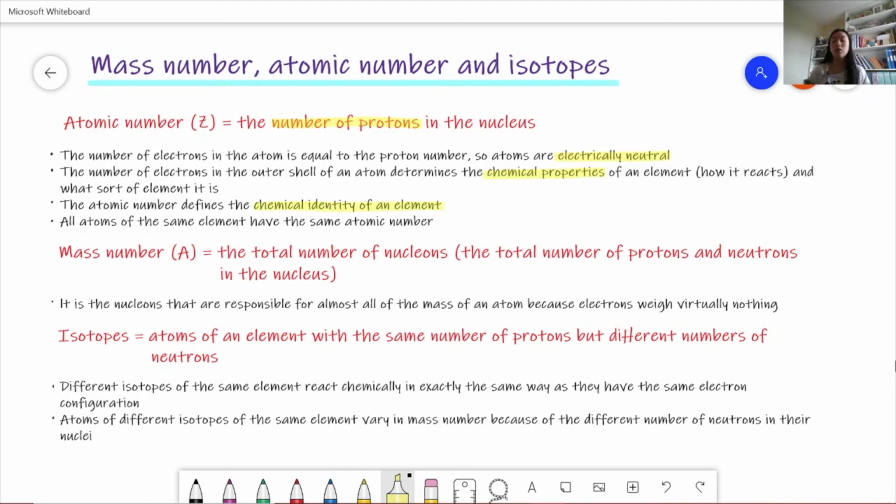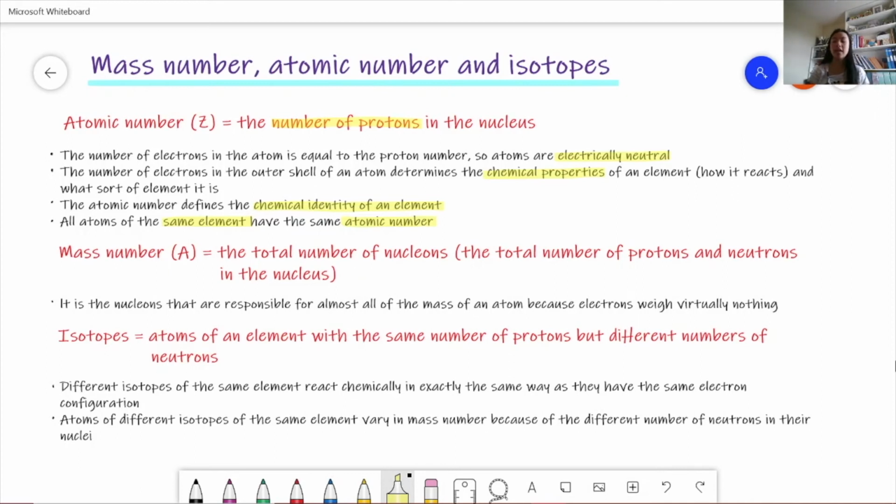And one really important thing to know is that all atoms of the same element have the same atomic number. So also because the number of electrons in the atom is equal to the proton number, when we look at the proton number, that means that we can see also that the number of electrons is the same.